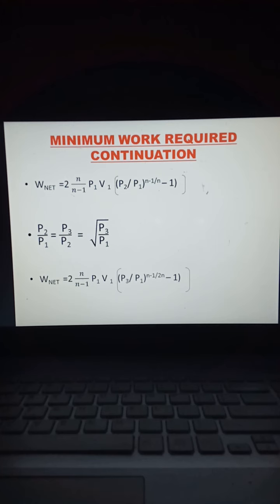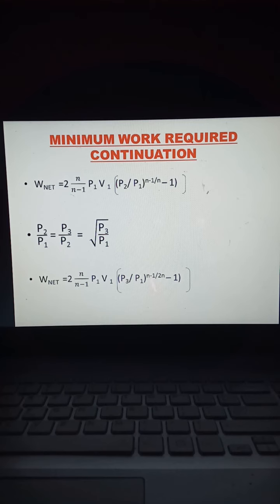Then after some simplification we get an equation like this: W is equal to 2 into n divided by n minus 1 P1 V1 into P3 divided by P1 the whole raised to the power, minus 1. Remember, this derivation is frequently asked in your university examinations. So please go through this derivation carefully and write the equations along with me so that it will be more clear.